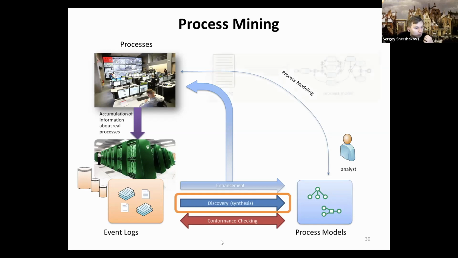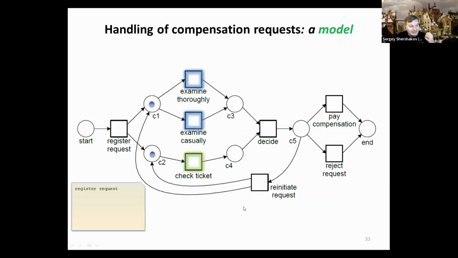What we are going to do right now is to make such a replay. We simply travel through the model and see which specific transitions are activated, and correspondingly trigger these transitions, trigger some actions.